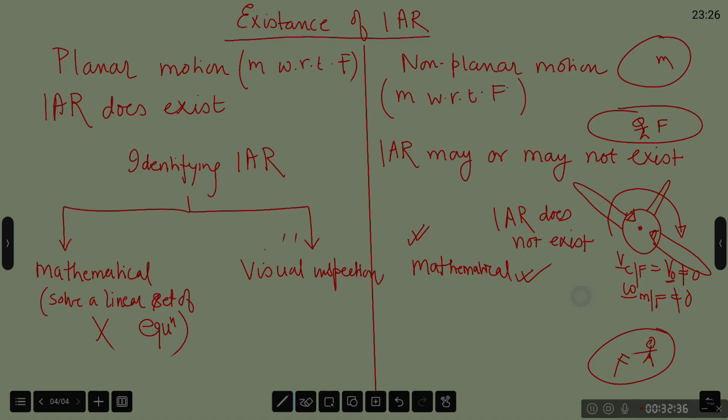Even visual, some cases visual inspection can also give you that. But this course we will not worry about IAR in as far as non-planar motion is concerned. We will only focus on planar motion, and for such planar motion only visual inspection. I will show 3 cases in which a visual inspection can help us identify IAR.